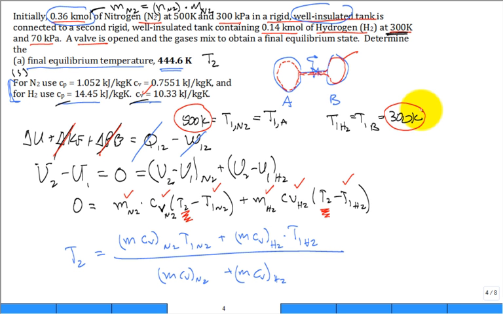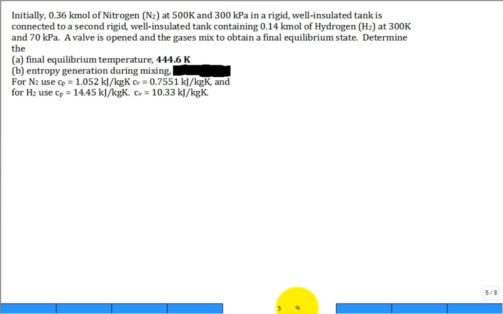All right. Guess what part B is going to ask you to do? Something with the second law of thermodynamics. So now they say calculate the entropy generation during the mixing. So we still have our same two tanks, little valve in between. We open them up, and do you think this is going to be a reversible or irreversible mixing process? Highly irreversible.